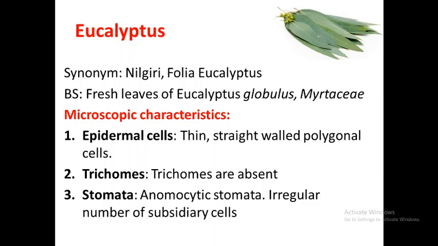The epidermal cells of eucalyptus are thin and straight wall polygonal cells. The most important thing, the trichomes are absent in eucalyptus, and the stomata in eucalyptus are anomocytic stomata with irregular number of subsidiary cells. So the trichomes are absent in eucalyptus. This is the most important point in eucalyptus.